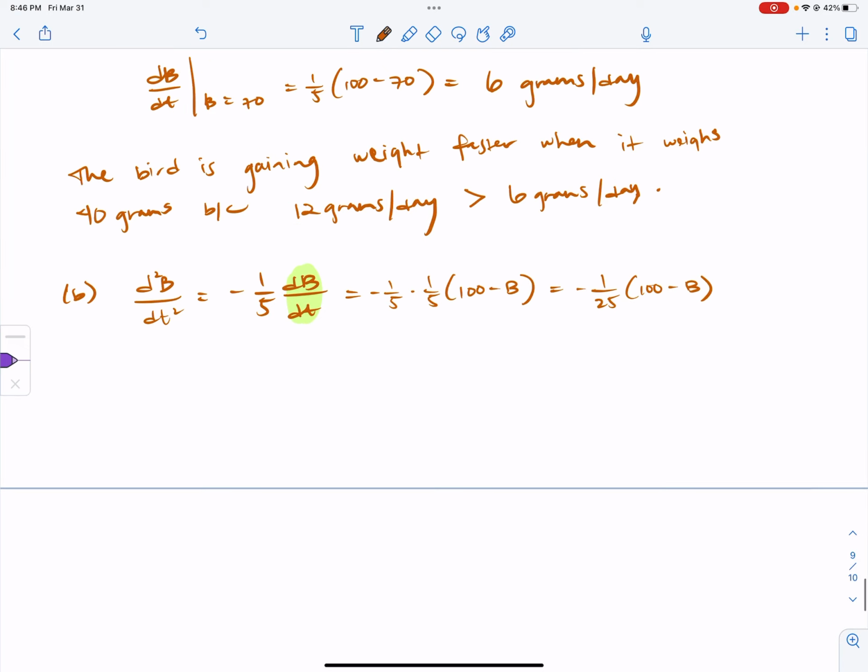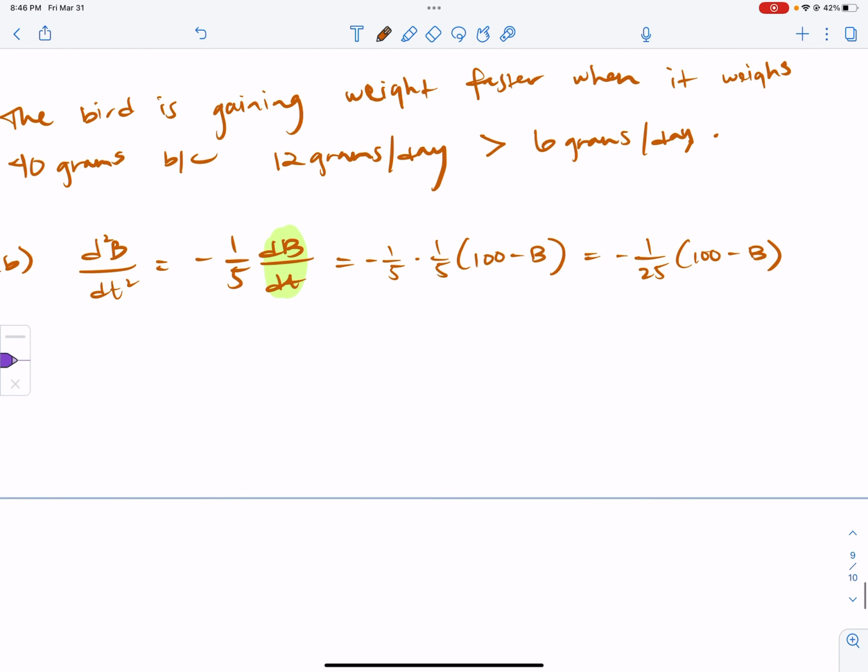Now, the second derivative tells us about concavity, so we could find possible points of inflection by setting the second derivative equal to 0. We can see when B is equal to 100, that's a possible point of inflection.